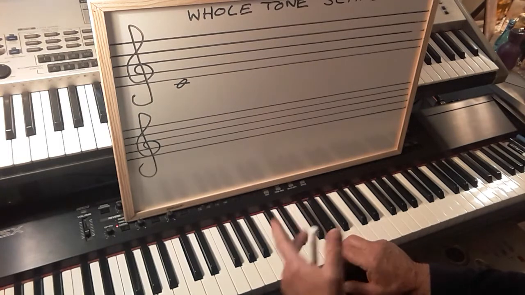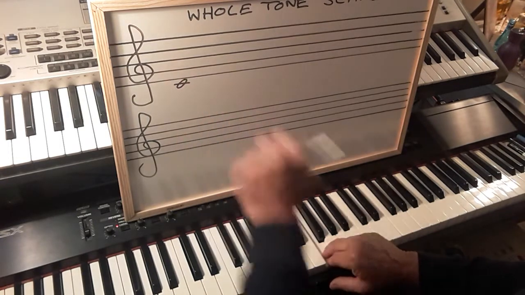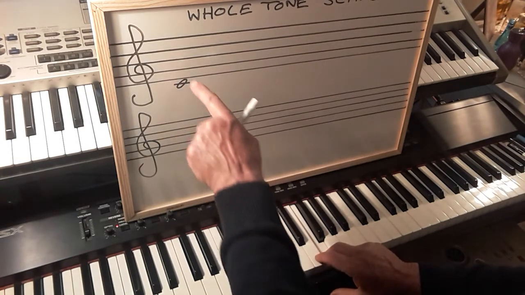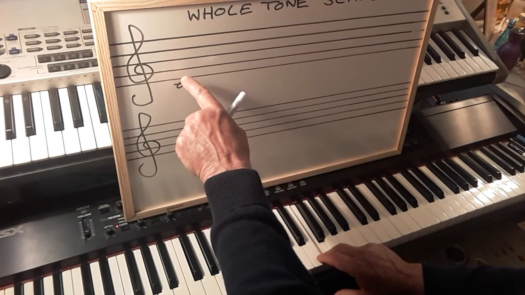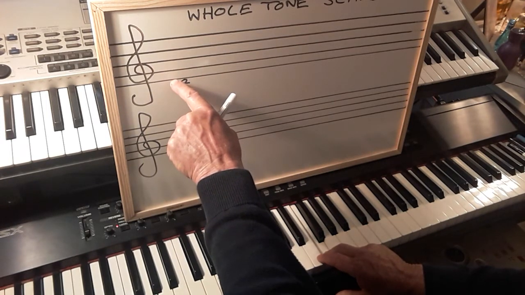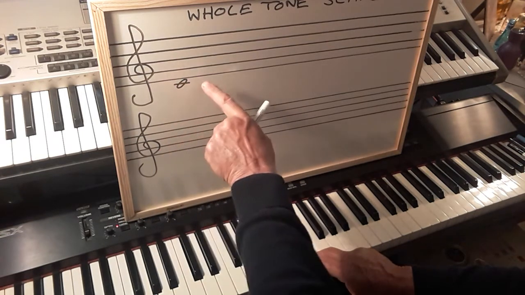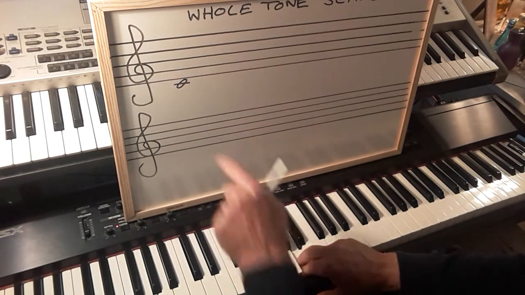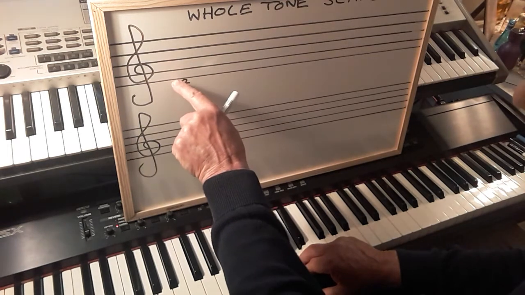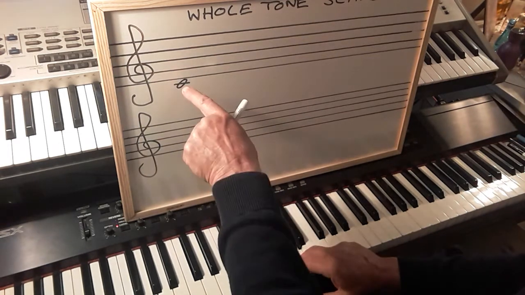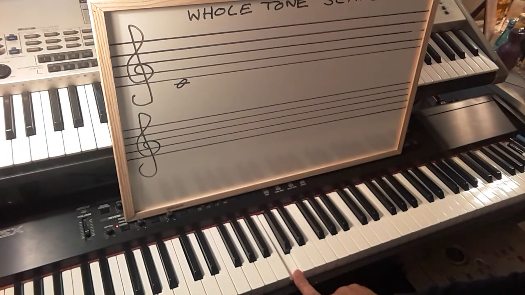What comes before G is F in the space. Before F in the space is E on the line. Before E on the line is D in a space, which is between the ledger line and the E line. And then we arrive at middle C.